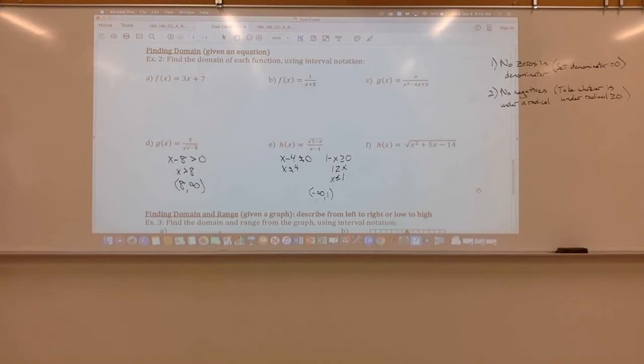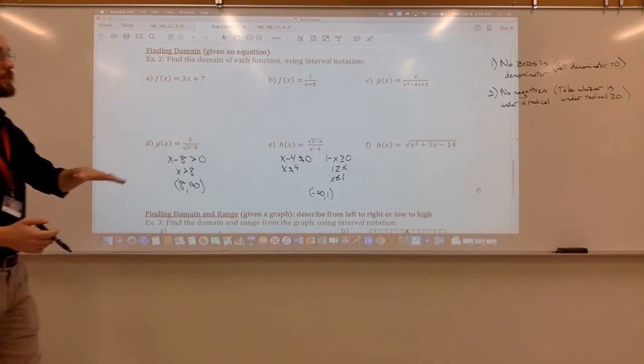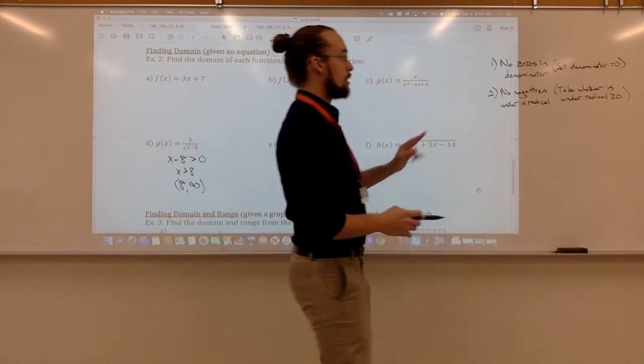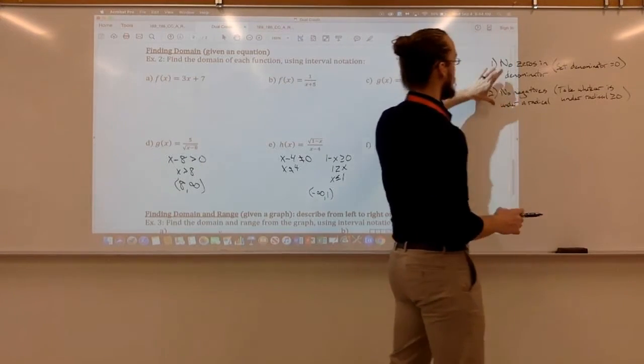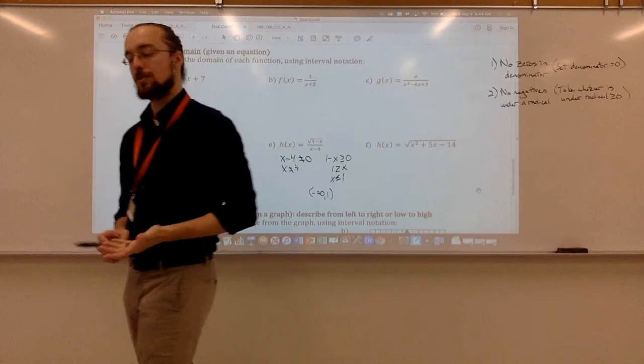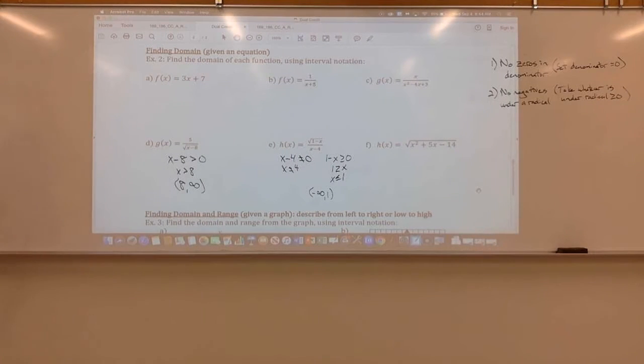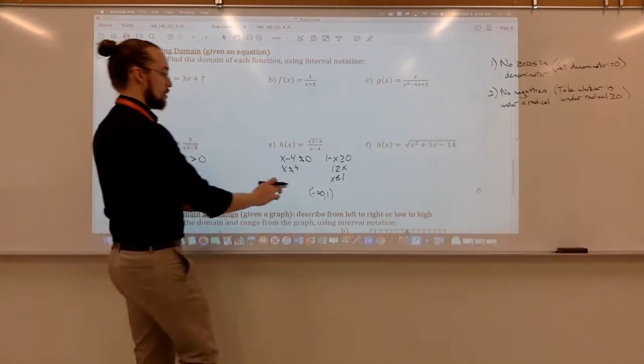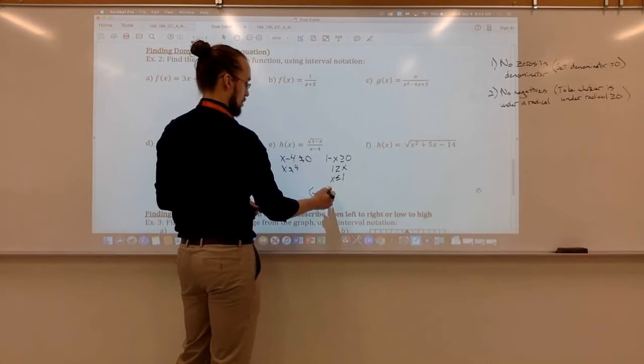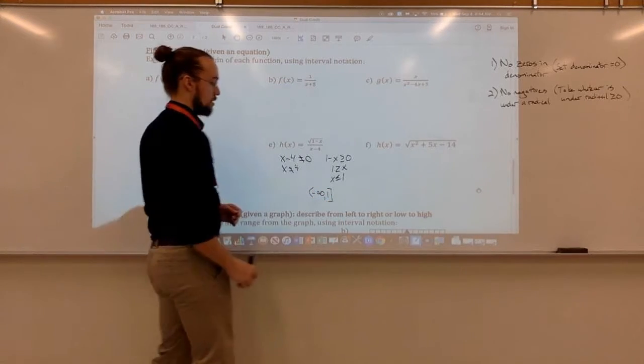Okay, so when we're looking at domain from equations, there are two things that we need to take into account. We can't have zeros in the denominator. We can't have negatives under a radical. Questions on that? Oh, yeah, you're right. One should have a bracket.